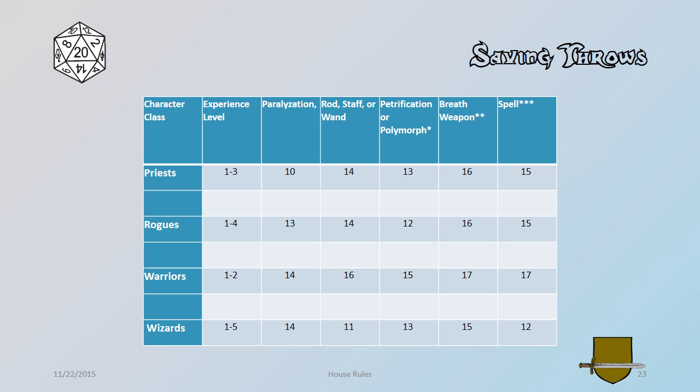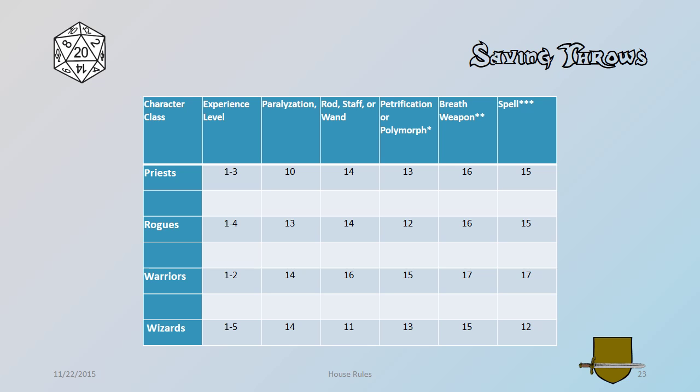Saving throws come into effect when you're coming into one of these specific situations. So if you're going to get a breath weapon on you, and everyone thinks of the fire breath of the dragon, but there are other breath weapons as well. Petrification or polymorph spells.